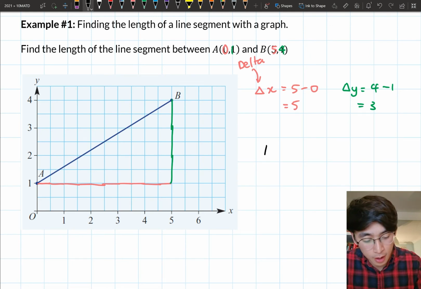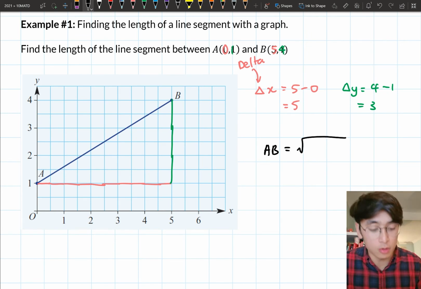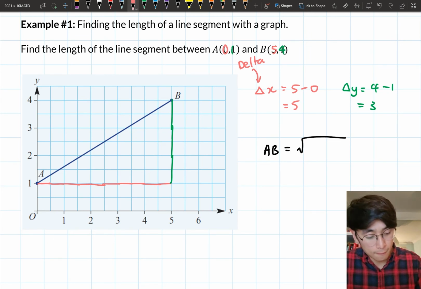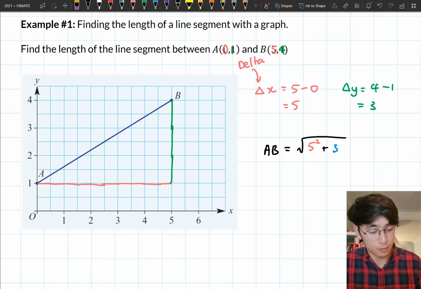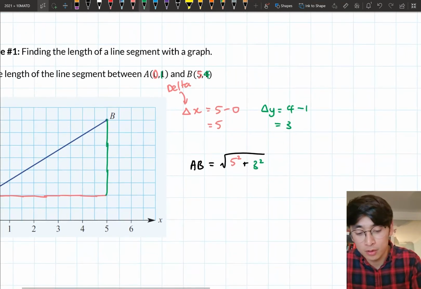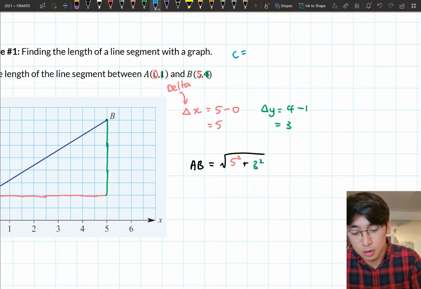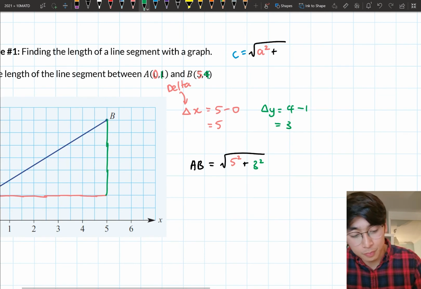So here I'm going to write AB to represent the length, which is equal to the square root of 5 squared plus 3 squared. That's just using Pythagoras' theorem. Pythagoras' theorem up above was that c is equal to the square root of a squared plus b squared.